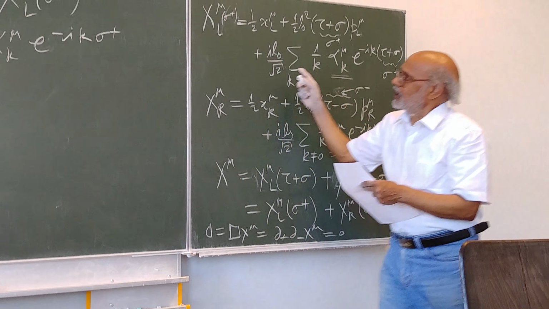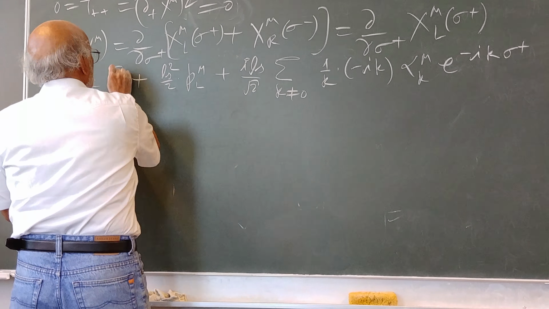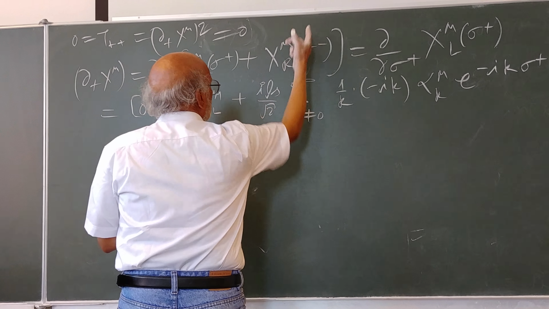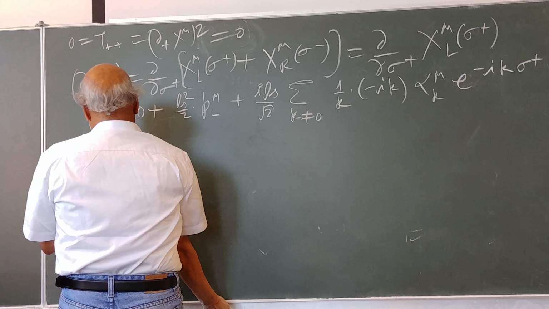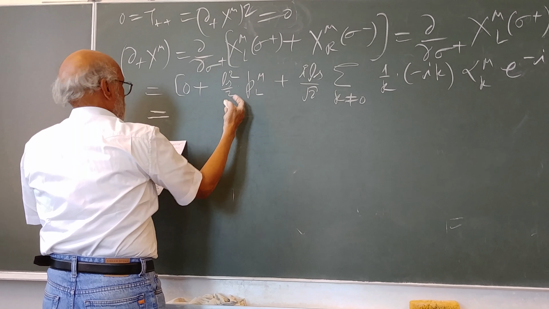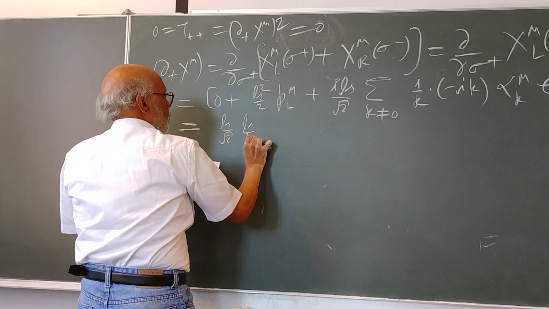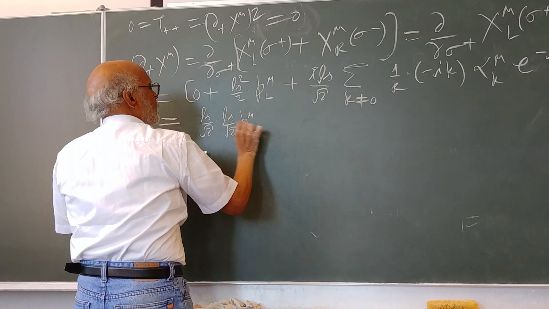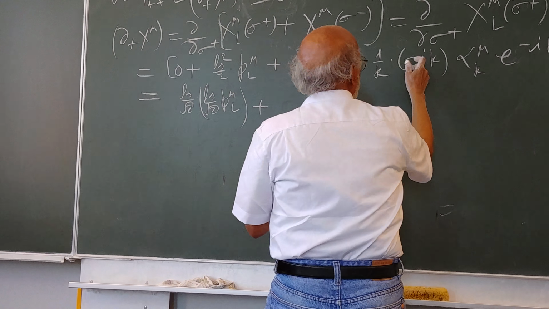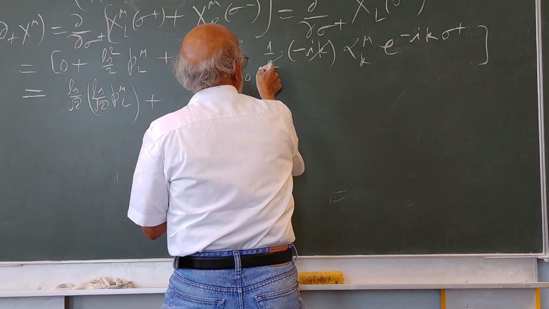Okay, so we take this, and this is all. The other term, derivative of this simply vanishes. So it is this part, and this is equal to ls square by root 2 into p mu L for a different region, plus this minus iota plus iota goes away, and this k cancels with this k.